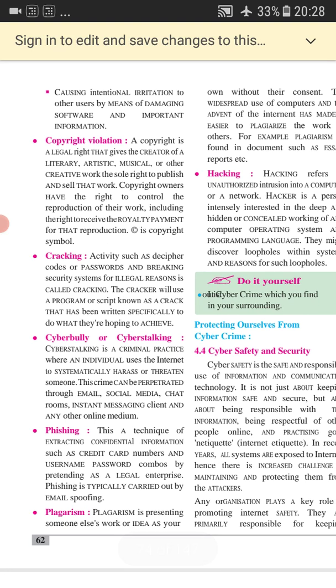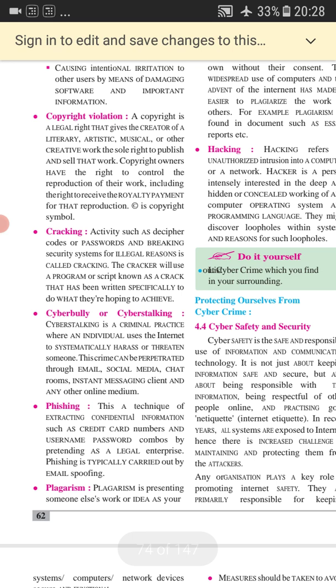Phishing. Phishing is a very common technique, which nowadays you must have heard about in the news. So what is phishing? This is a technique of extracting confidential information such as credit card numbers and usernames and passwords. Nowadays many hackers try to steal users' passwords by using chips and such things.